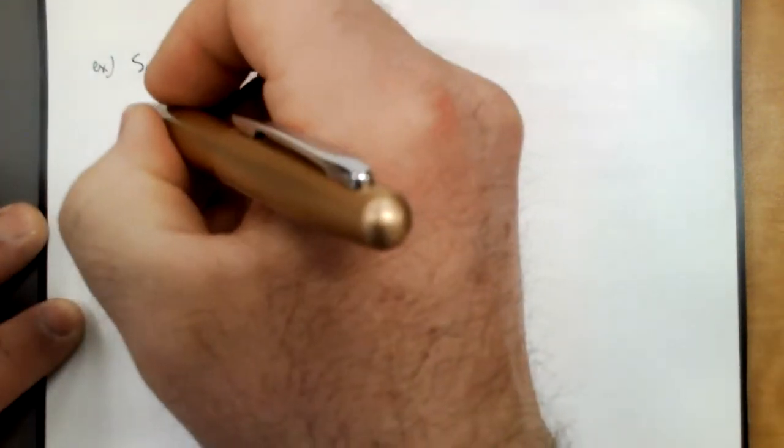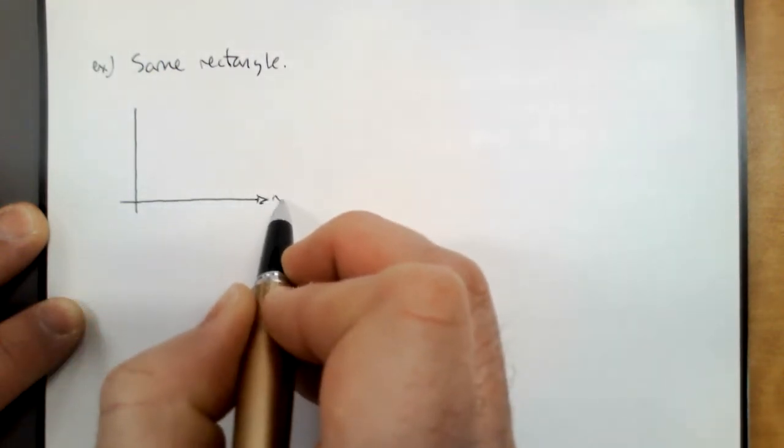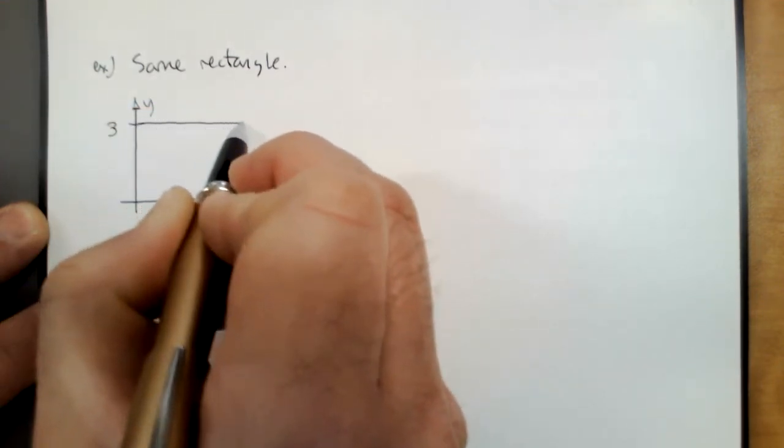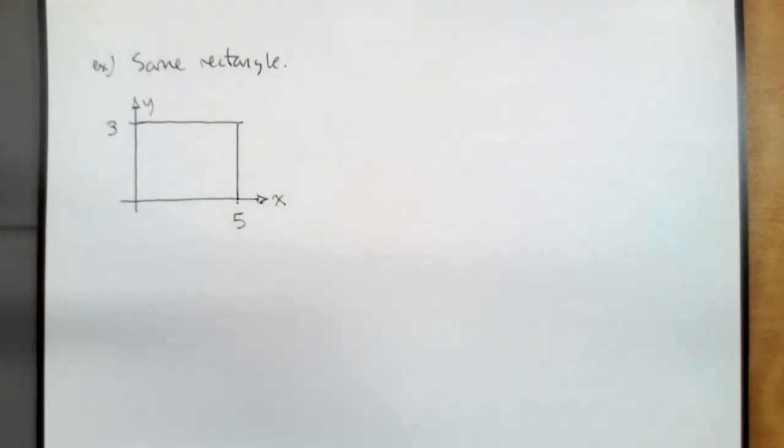So let's consider that same rectangle. Same rectangle, 3 centimeters by 5 centimeters, sitting in the first quadrant.